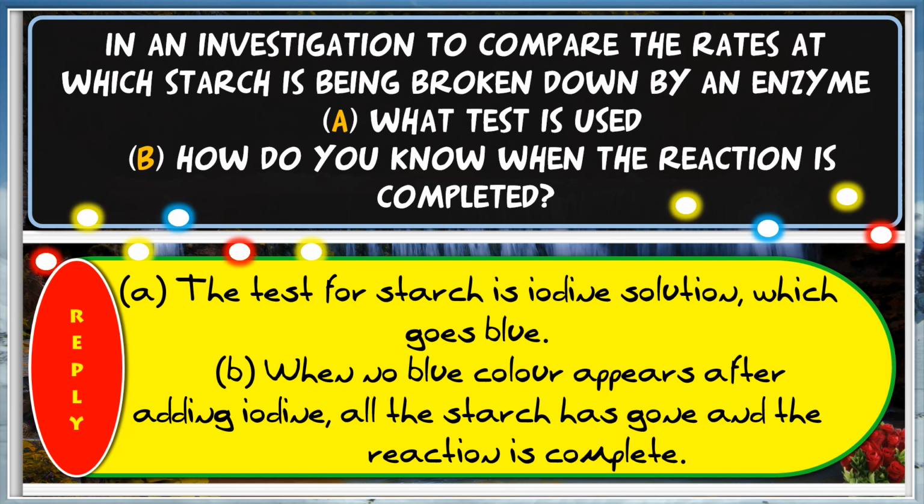A. The test for starch is iodine solution, which goes blue. And part B, when no blue color appears after adding iodine, all the starch has gone and the reaction is complete.